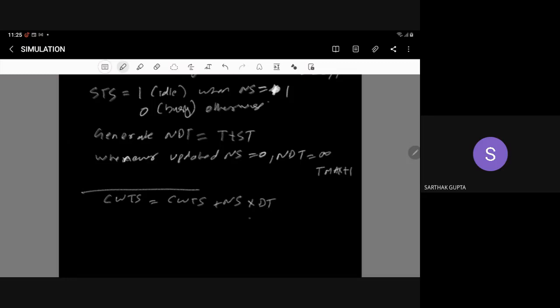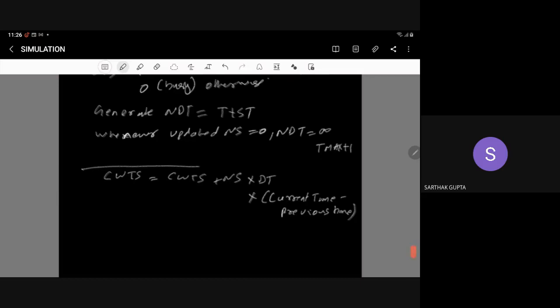Difference of time is the current time minus previous time. So this is the formula for CWTS. With this formula, we update the cumulative waiting time in the system.